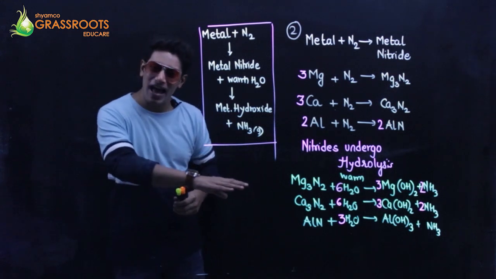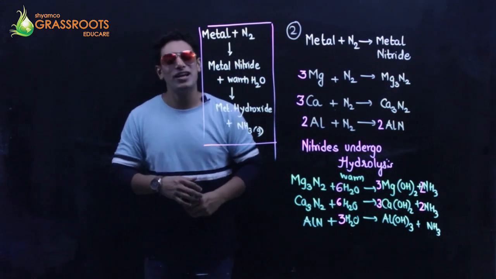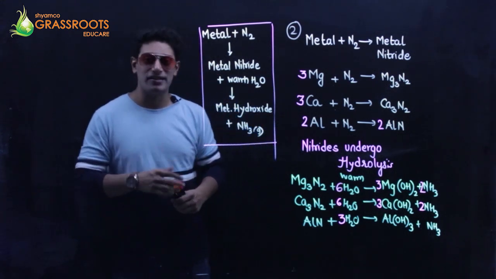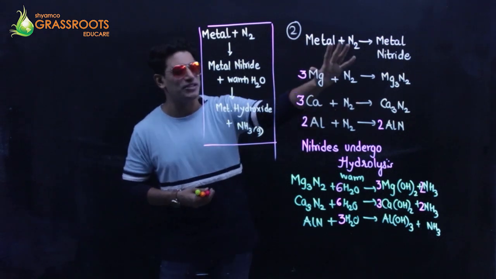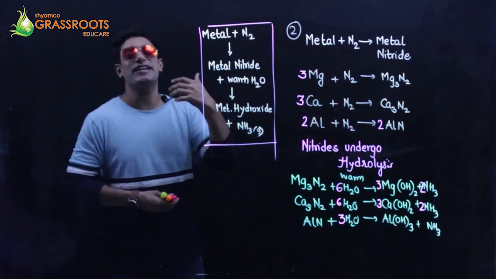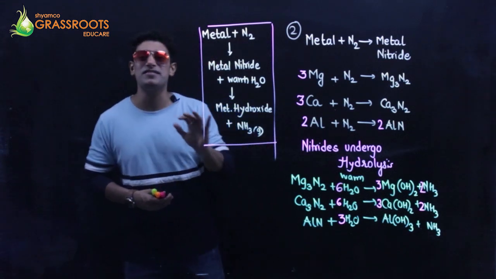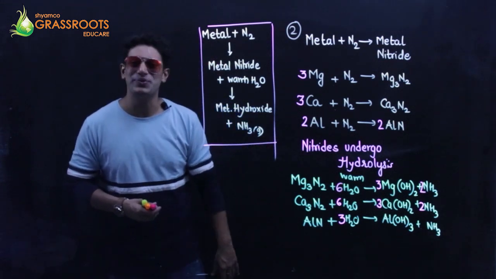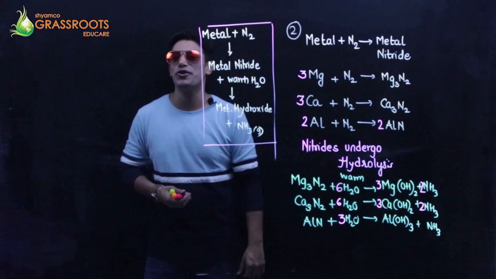So I'm not making a diagram for that. However, making metal nitrides is not that easy. They are expensive, so this method is seldom used. So this was my second answer for you all.